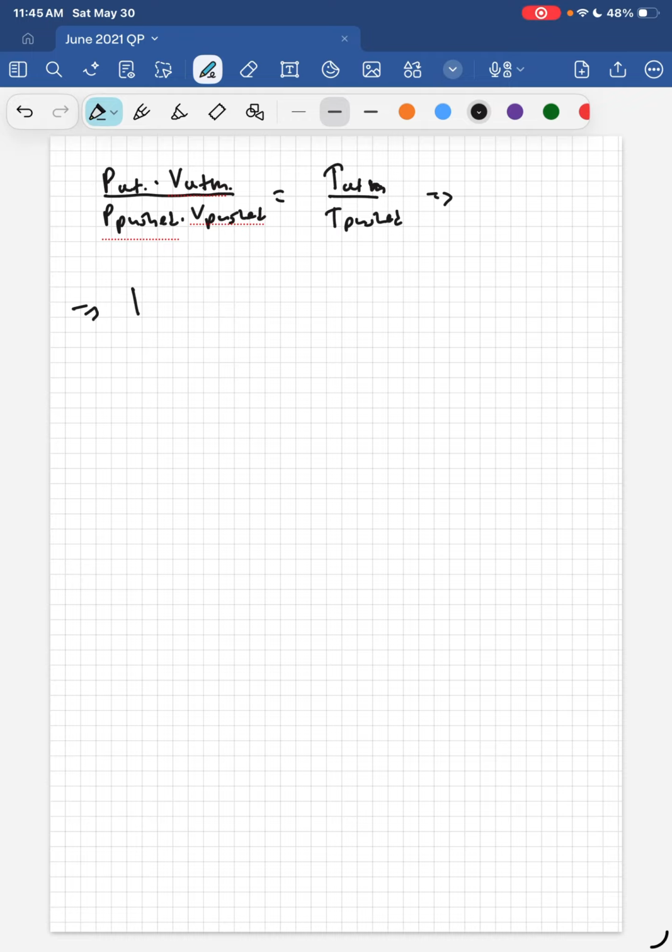And T pushed is what we need to find. So T pushed is equal to P pushed times V pushed over P atmospheric times V atmospheric times T atmospheric. I'm sorry, I think I'm using poor wording here, but I hope it makes sense.